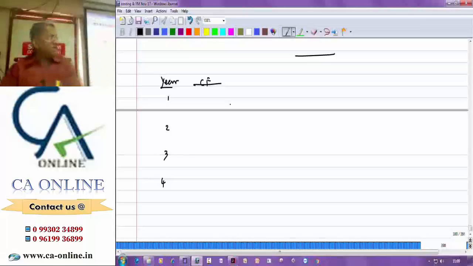Why are we taking cash flow and not profit? Any idea? In all our analysis, in capital budgeting, we take those benefits in the name called cash flows. We don't take profit. Why do we have to call it cash flow? Why are we not taking profit?